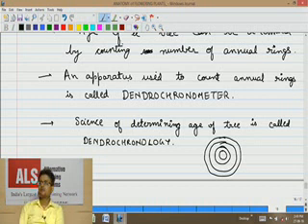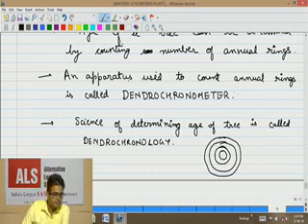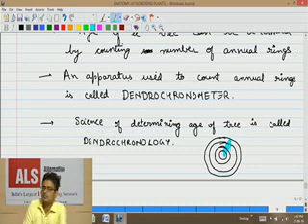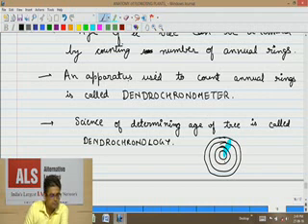Now I'll explain to you what dendrochronometer does. Look, if I don't want to cut the whole tree, there is a way. I only have to take a small section, very, very thin section. Even this is thick. I want to cut a very, very small section like this.